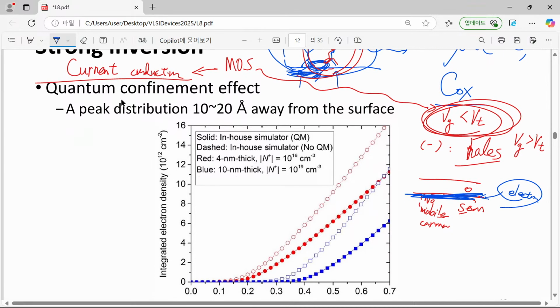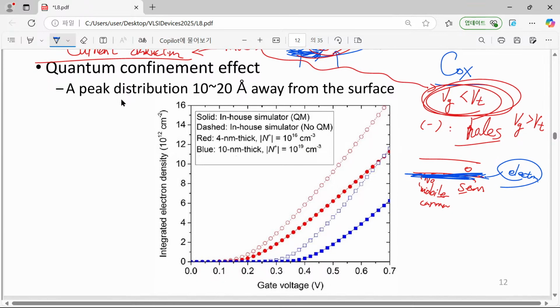Okay, so I have repeated so many examples to emphasize the beauty of the MOS system. So two mechanisms, and only the second mechanism, called inversion, can provide us mobile carriers. That is quite important. So let me wrap up this session by explaining this graph.